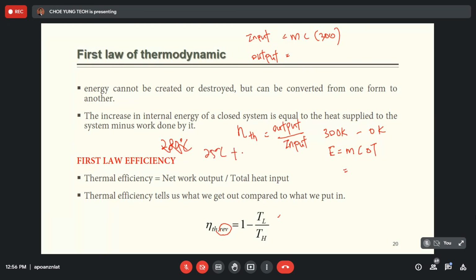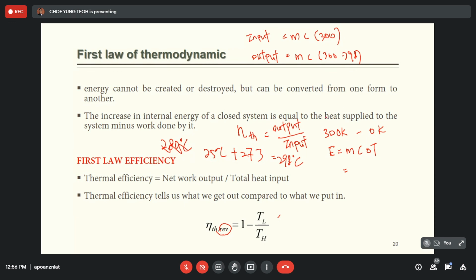We have to convert to Kelvin by adding 273, so I get 298 Kelvin. So the surrounding temperature is 298. The output should be M, C, and delta T, which is 300 minus 298. So for this case, that is the output. Output divided by input gives you the efficiency for the reversible process.